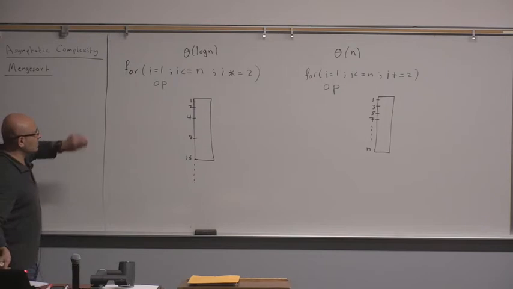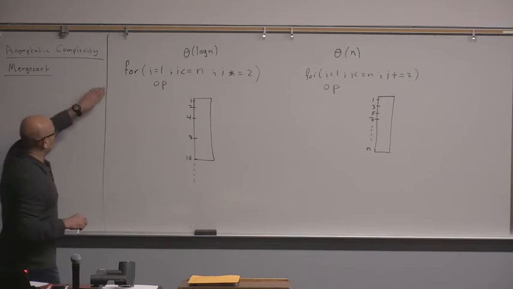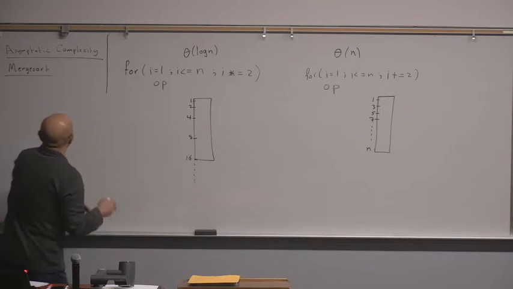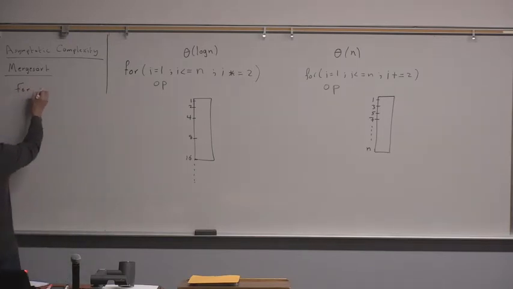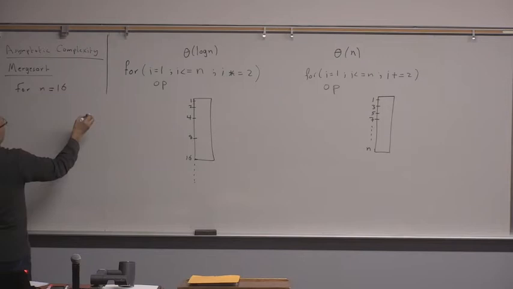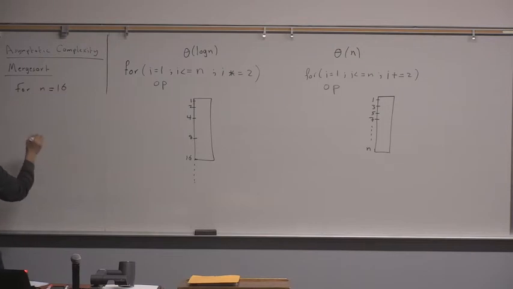To better understand this, because this is very important, suppose that n equals 16. The loop will get executed for i equals 1, i equals 2, i equals 4, i equals 8, and i equals 16.